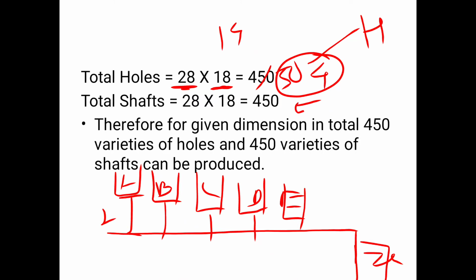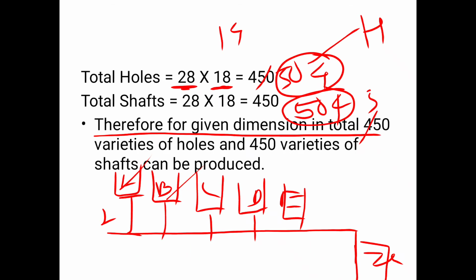Similarly for shafts there are 504 types of shafts present. Therefore for a given dimension, 504 varieties of holes and 504 varieties of shafts can be produced.